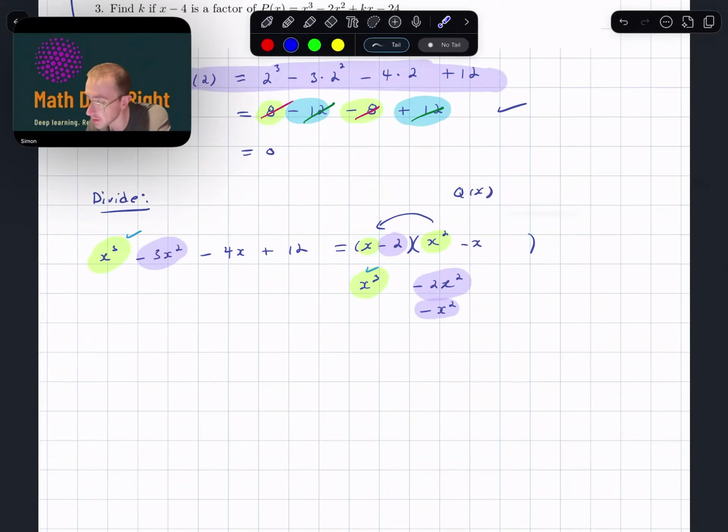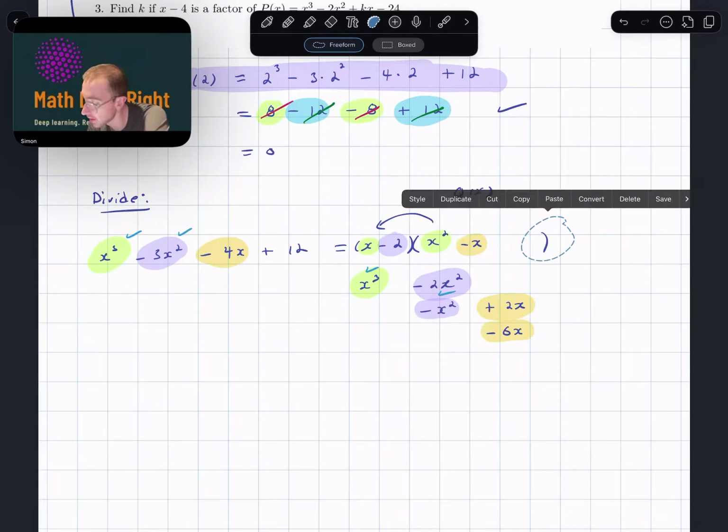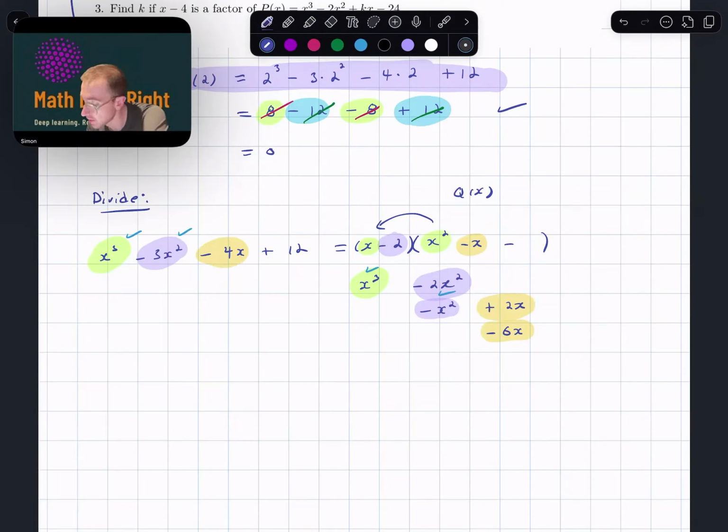It multiplies through by the x, gives us the negative x squared. So we have the right number of x squareds, but then it also multiplies by the negative 2, and it gives us plus 2x. We're trying to make negative 4x, so we need negative 6x. So the next thing we put inside the bracket to make that negative 6x has to be a negative 6, right?